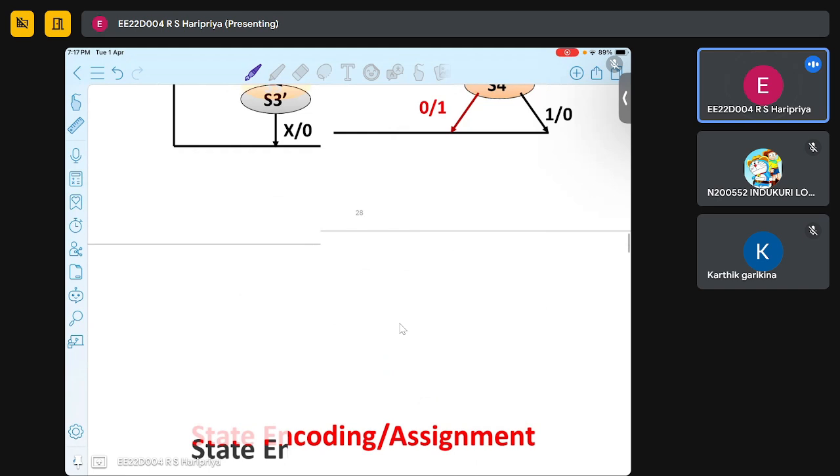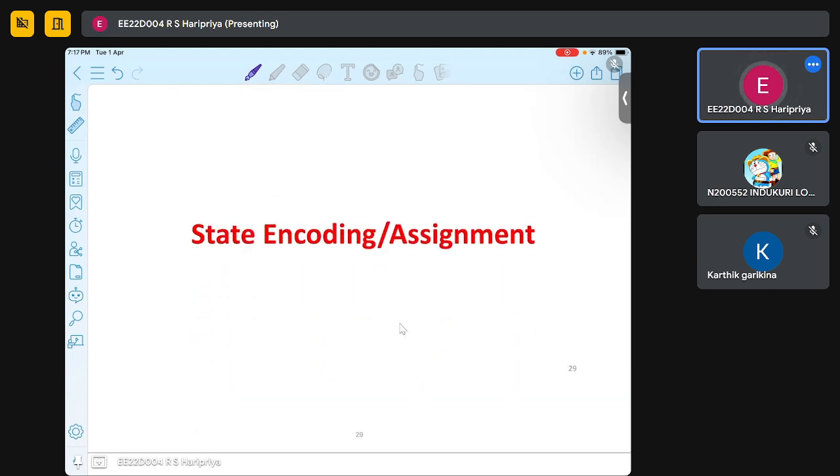Next, we will see the state encoding and the assignment.